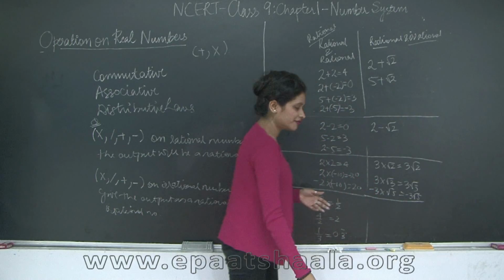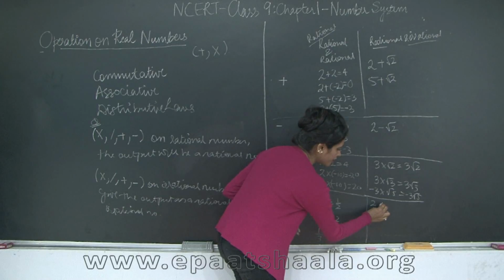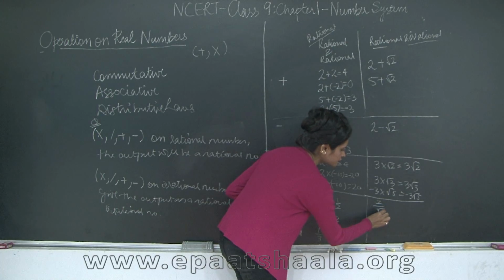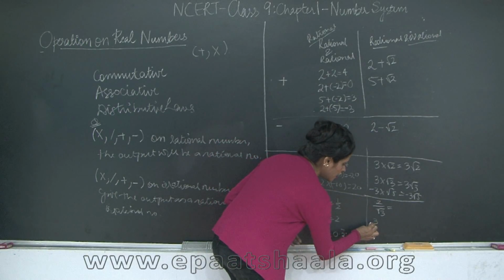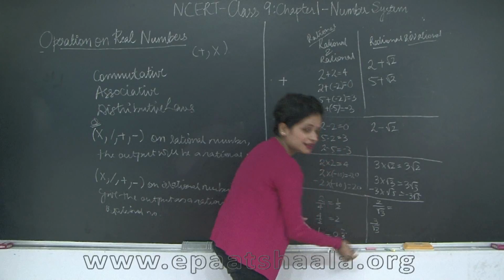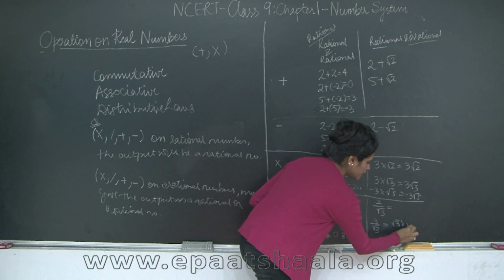For division, if I take something like 2 divided by root 3, you can't cancel. If I take 3 upon root 3, this can be further written as root 3 into root 3 upon root 3.